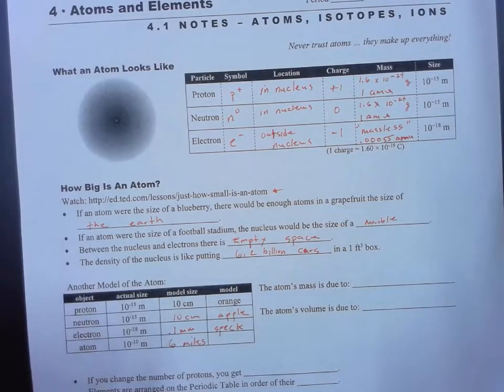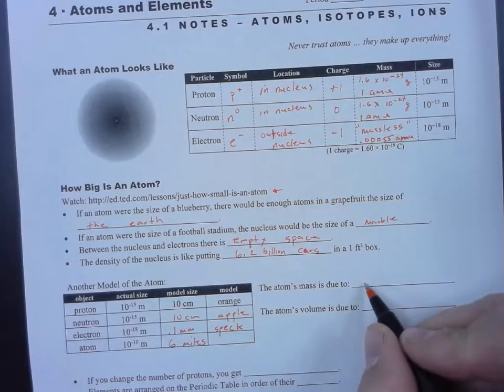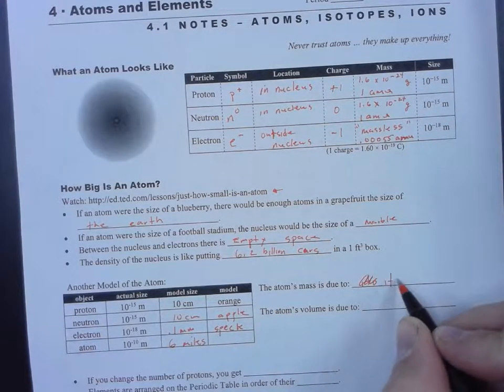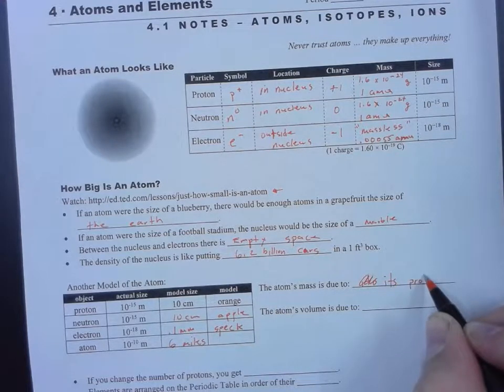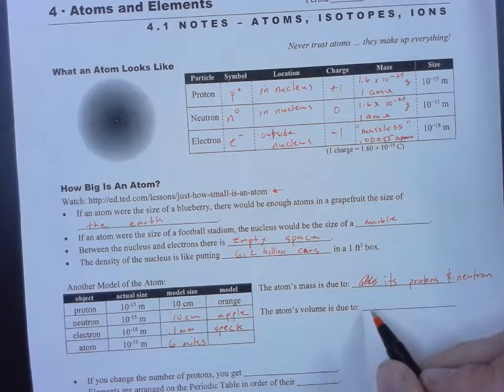Okay, the atom's mass is due to its protons and neutrons. No apostrophe there. The mass of the atom is in the protons and the neutrons in the nucleus. The atom's volume is due to its electron cloud.